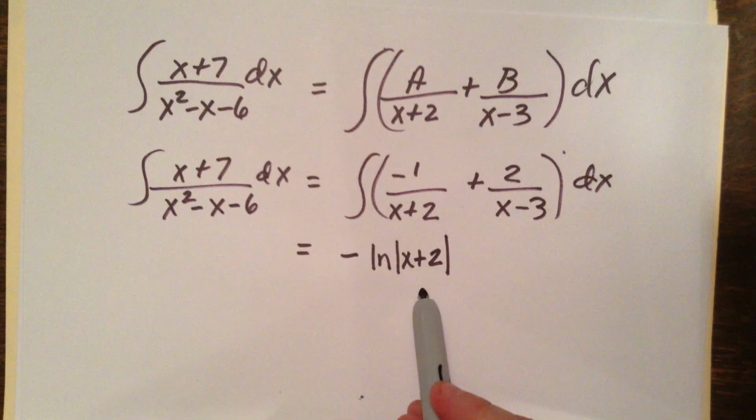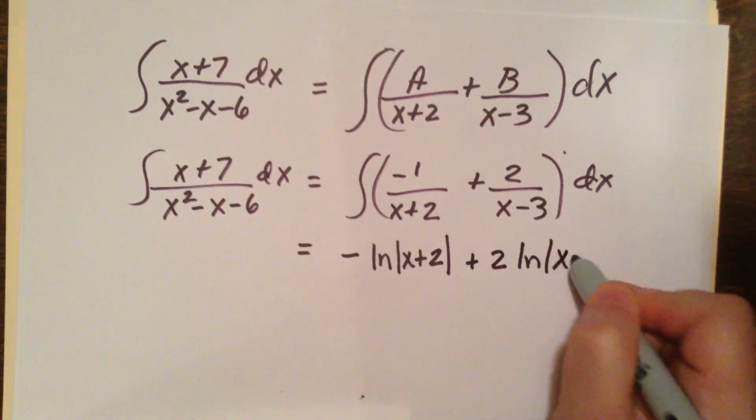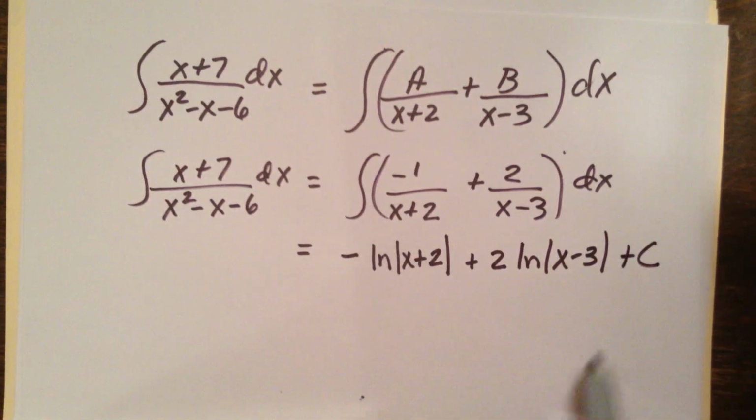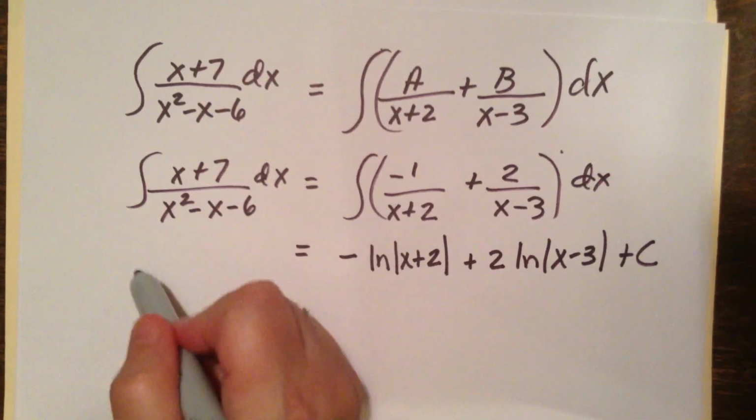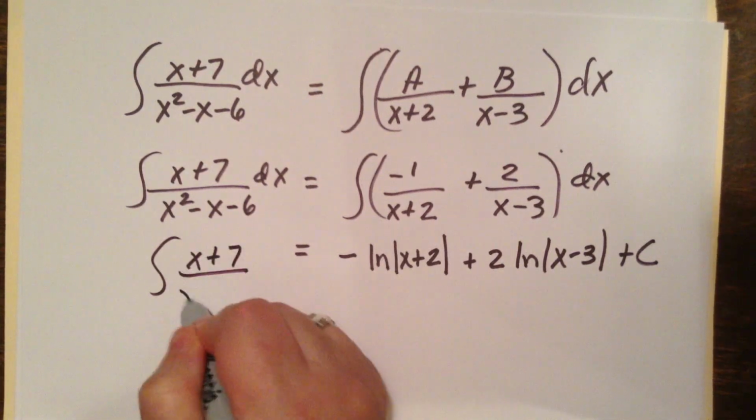So we'd have negative the ln of the absolute value of x plus 2, and plus 2 times the ln of the absolute value of x minus 3, and then plus c. So you can leave it like this, or we could use our laws of logs and simplify it more. But this would be the answer to this integral problem.